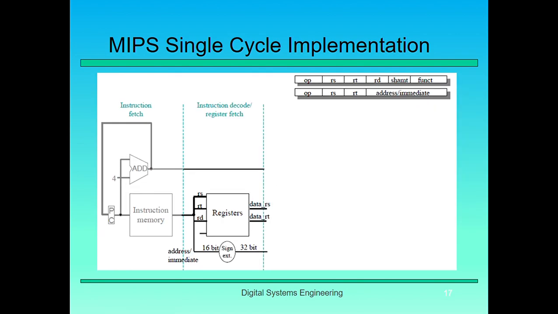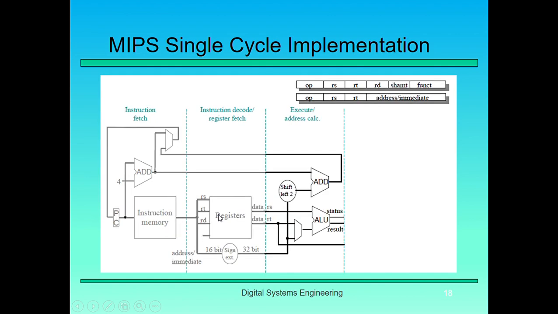Next we have instruction decode, or register fetch. Here you can see we have the decoder, which is used for instruction decoding. Next we have execute instruction and address calculation.